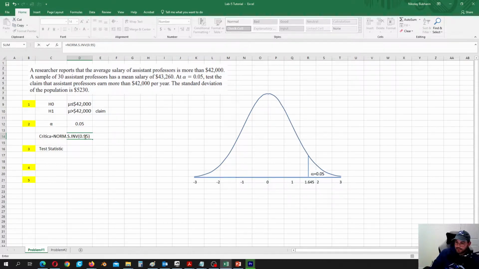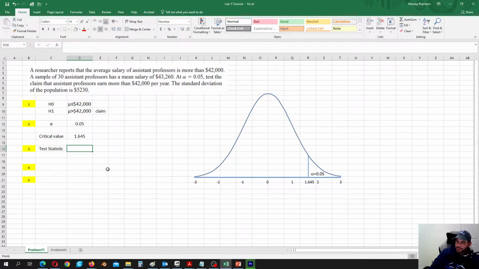So we take 0.95 and find the z value which cuts 95% of the area from the left. That's how this function works. I've already formatted this cell up to the third digit, and it's exactly the same as shown here.